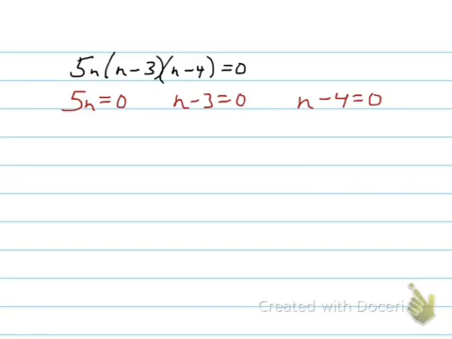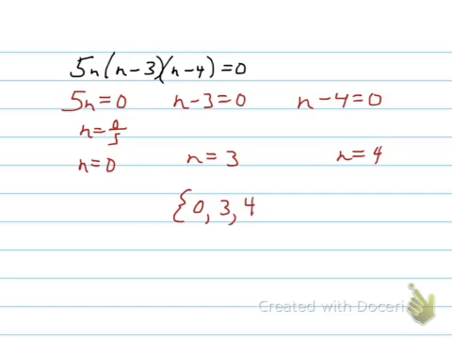So here you'd end up dividing by 5, and 0 divided by 5 is still going to be 0. Or here you would get n equals 3, and here you would get n equals 4. So this time we have three possible answers. If n equals 0, or n equals 3, or n equals 4, we would get 0 because one of those factors would turn into 0.